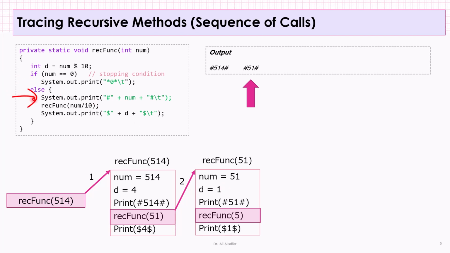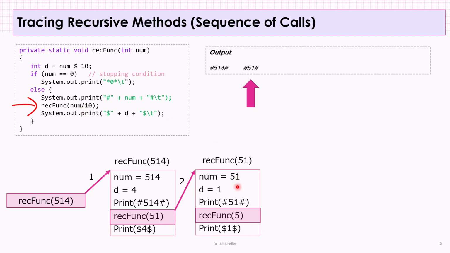And inside else, notice we are first printing hash num hash with tab. Num is equal to 51, so this is why the output we have hash 51 and hash. And again here, after printing hash 51 hash, we are calling the method for the third time, because the first time it was called with 514, the second time with 51, and now the third time with the input parameter num divided by 10.